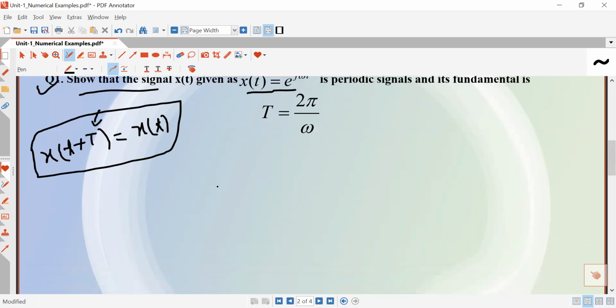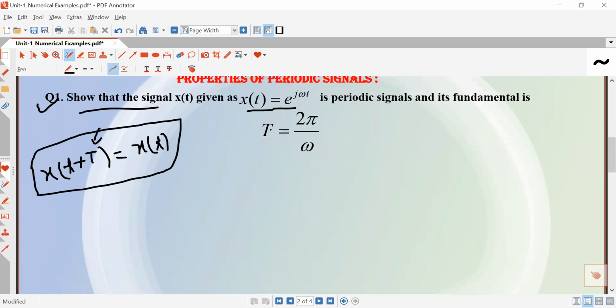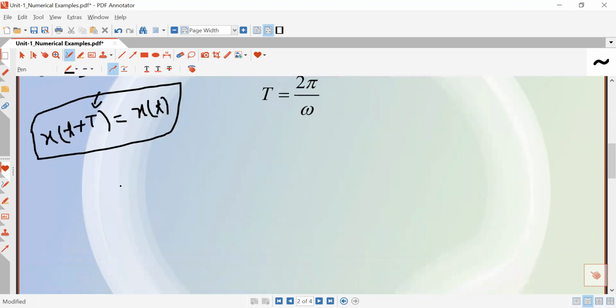So if x(t) equal to e to the power j omega t, then what will be the value of x(t plus T)?